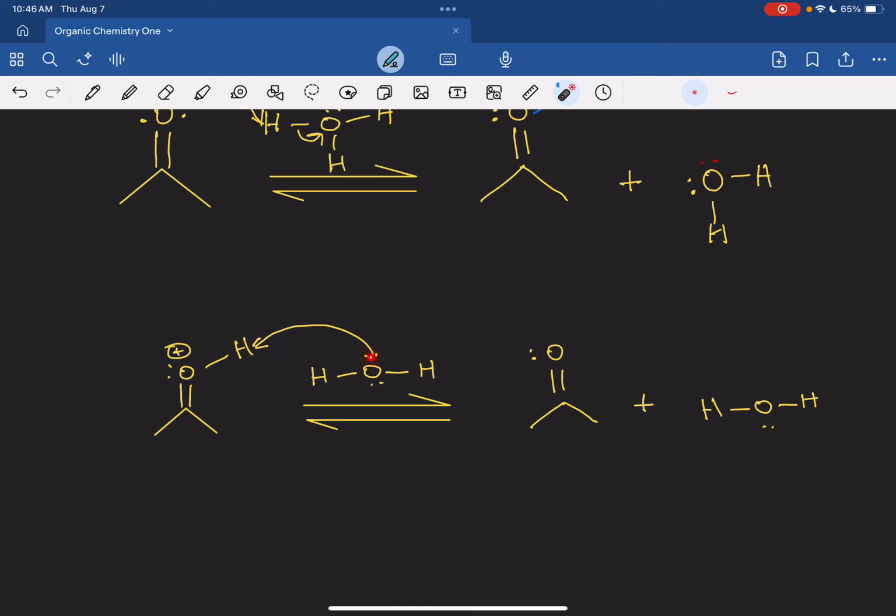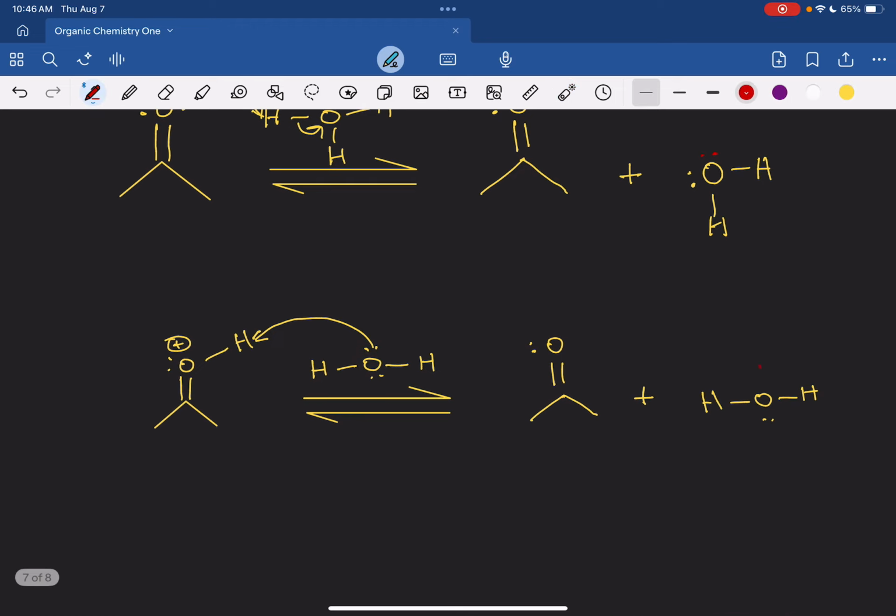I use this lone pair though to make a new bond. I'm making my new bond red with this hydrogen. So I'm going to call this hydrogen A. So now I have water. I use the lone pairs here to make a bond with hydrogen A. So I end up with this, all right?